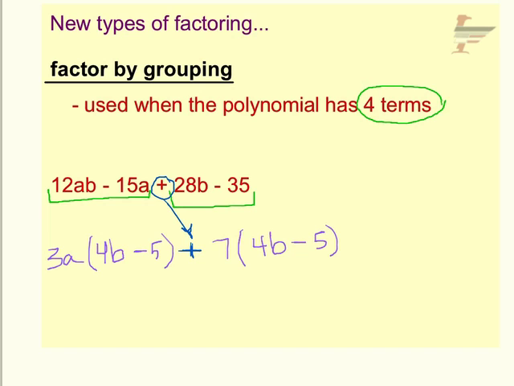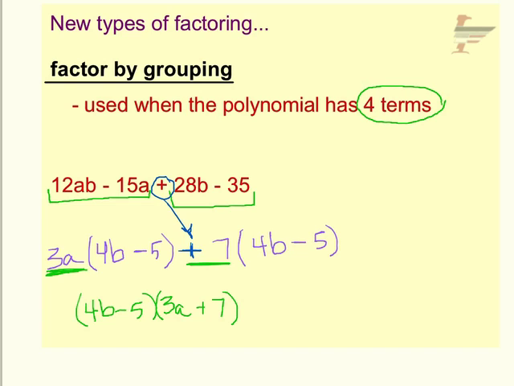So what we do now is a little bit more factoring. Do you see how we have this one big term and this one big term? They both have a 4b minus 5 in them. So we factor that 4b minus 5 out front. We write it down just once, and then our second set of parentheses is whatever you have left: a 3a and a plus 7.